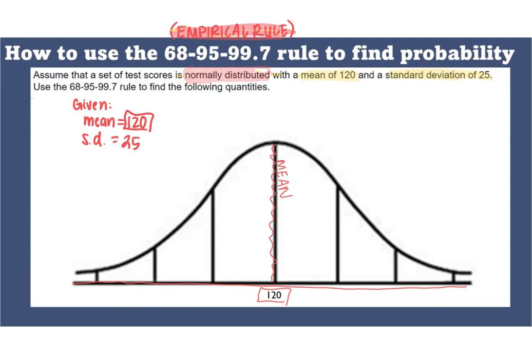From there, our standard deviation is going to help us get the rest of our little marks here. So we're going to add 25, then add 25, then add 25. On the other side, we're going to subtract 25, subtract 25, and subtract 25. Okay, because each of these lines are 25 away.